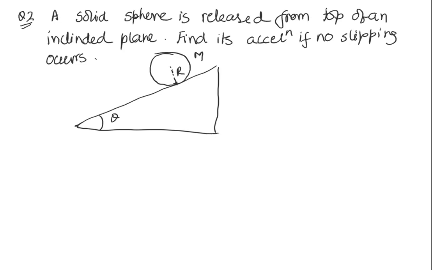Although it does not matter, you can take friction anywhere. Of course, it must be parallel to the surface. ऐसा नहीं कि friction ऊपर ले सकते हैं. Must be parallel to the surface. You can take friction in any of the possible directions, and you will get the answer. No problems.